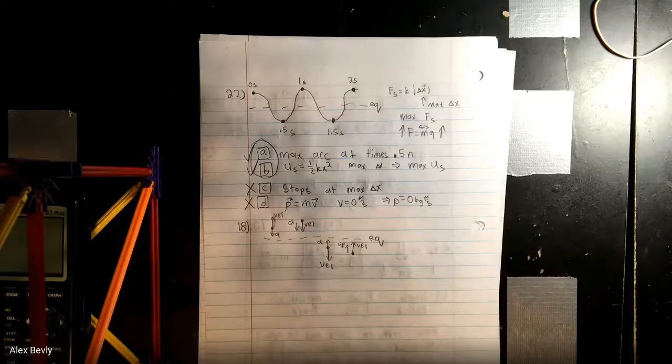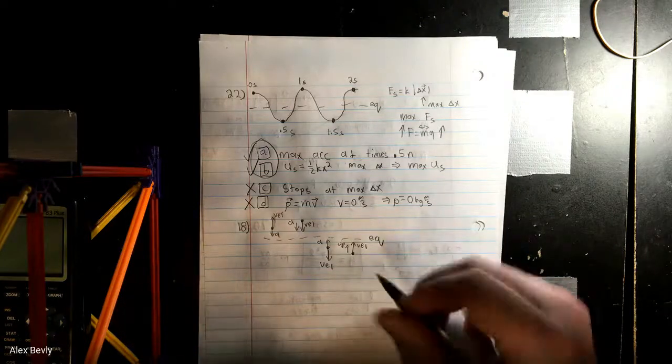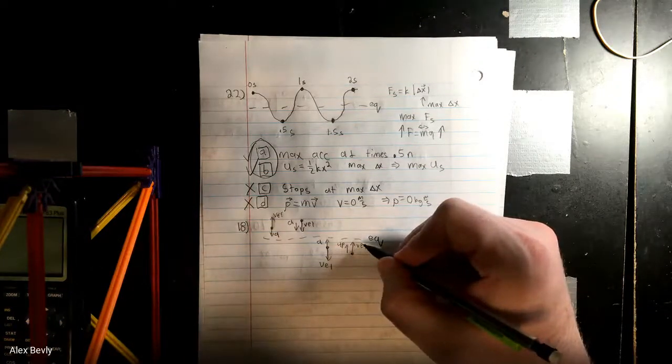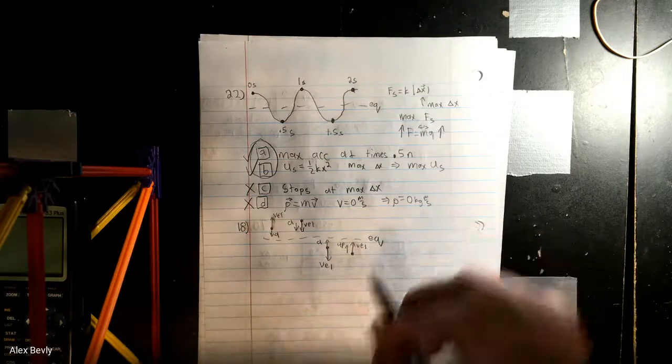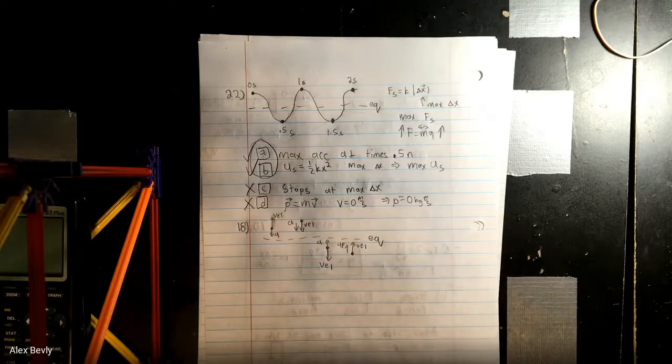So the system oscillates in simple harmonic motion because the block's velocity is directly proportional to and opposite in direction to the block's displacement from the system's equilibrium position. Is the velocity and displacement always going to be in opposite directions from equilibrium? Let's look at that phrasing.